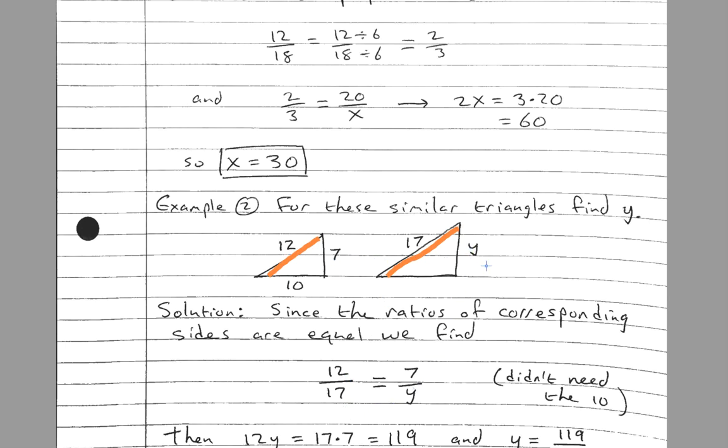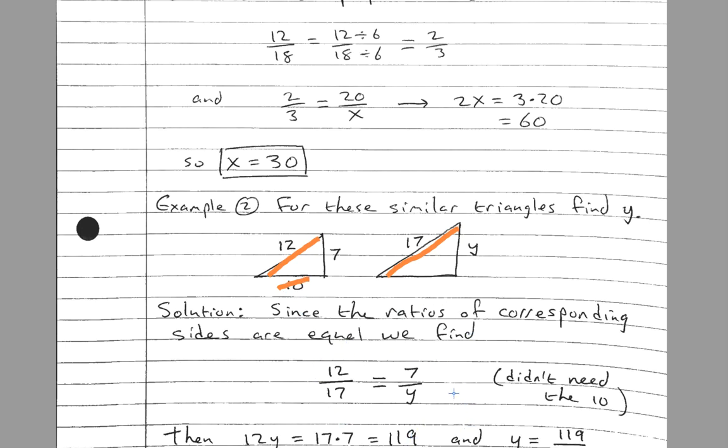And the 7 and the y correspond. So we get 7 over y for the second fraction. And here we didn't need the 10. This base corresponds to this base, but since we're missing this number, we didn't need that 10.